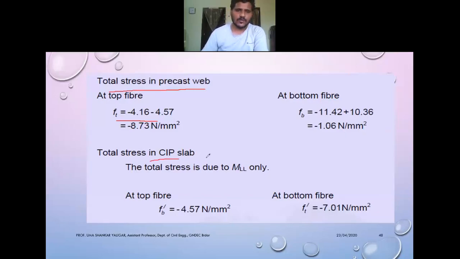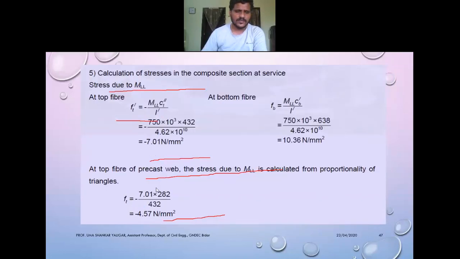And therefore, the total stress in the cast in place slab. The total stress is due to MLL only, because the cast in place slab is subjected only to the live load moment. Here you can see the stress at the top, which is not okay. It is top for precast, but for cast in place it is the bottom.